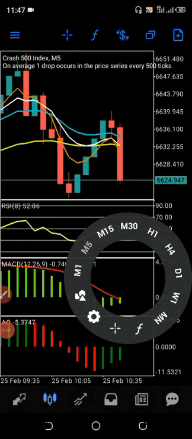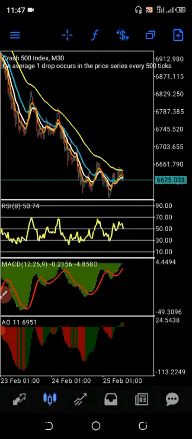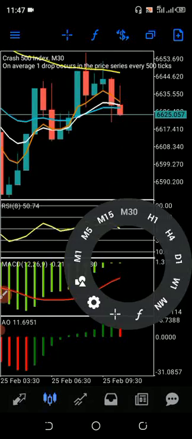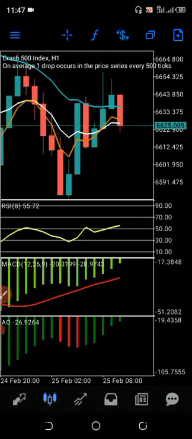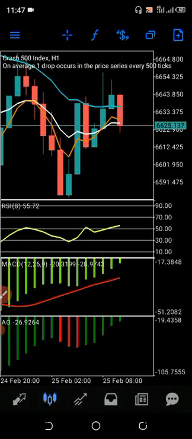Right now, let's go to the 30 minutes time frame for more clarity. Now, how does the relative strength index work in this strategy, and how can you apply it? Check your 1 hour time frame.